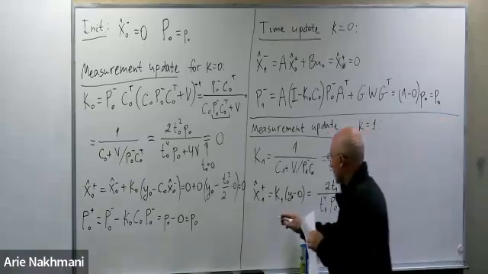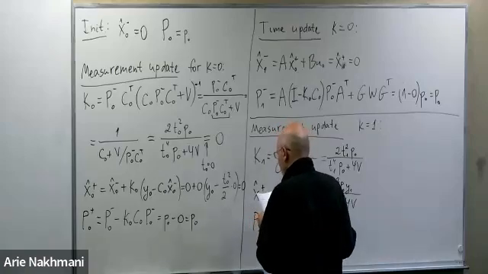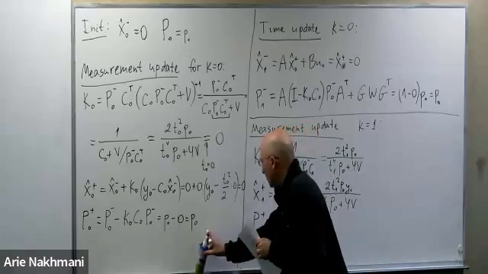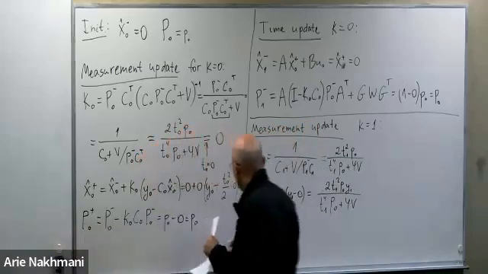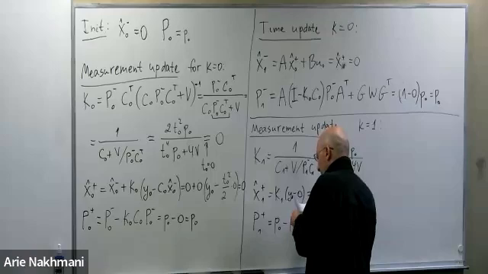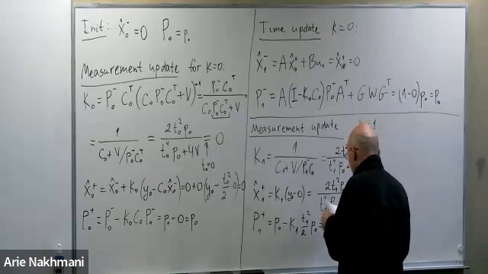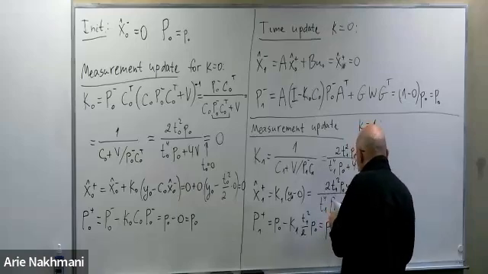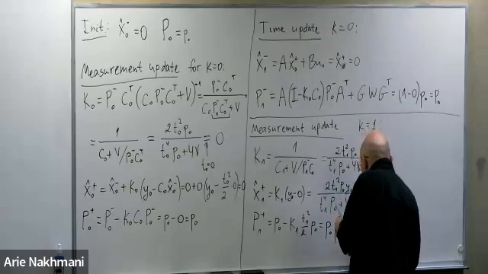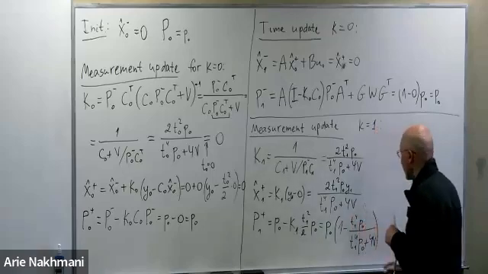Okay. Now P1 plus will be P0 minus K1 times T1 squared divided by 2 P0. That will be P0 times 1 minus T1 to the fourth power P0 over something like that.